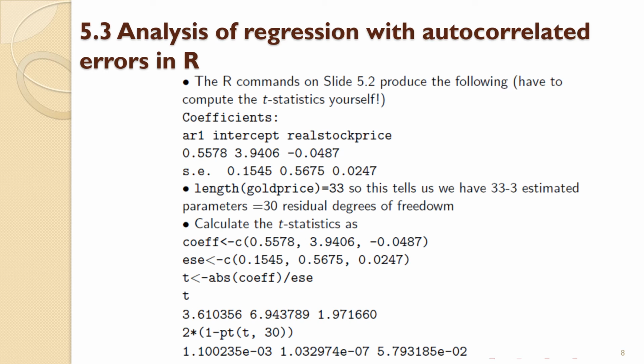The t-values are shown there at the bottom of the slide. So what you have is the autoregressive term, then the intercept, and then the coefficient of the real stock price.